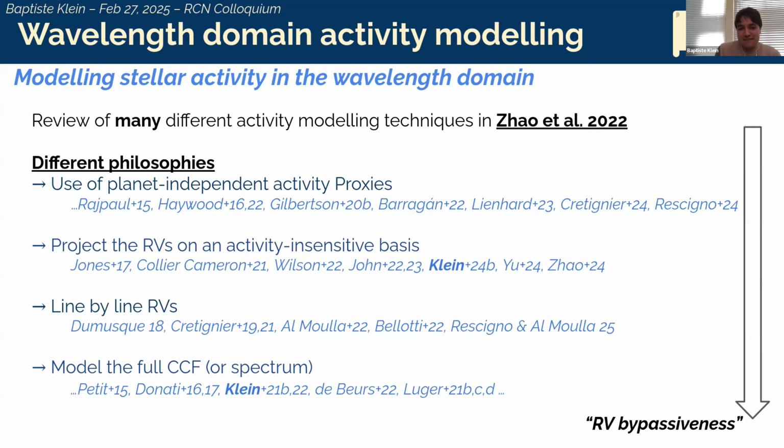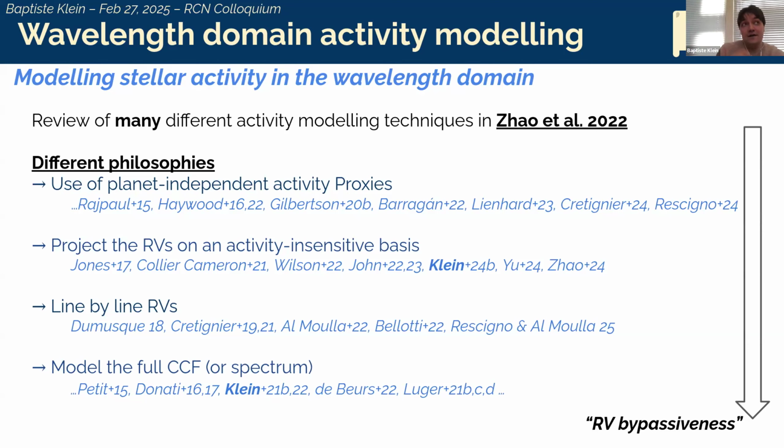Then the method that is becoming increasingly popular is line-by-line RVs. Now that we have spectra that precise, you can get a decently precise RV at the line level. This gives you, for each spectrum, thousands of radial velocities, and then you can use dimensional reduction techniques to filter some part of the activity.